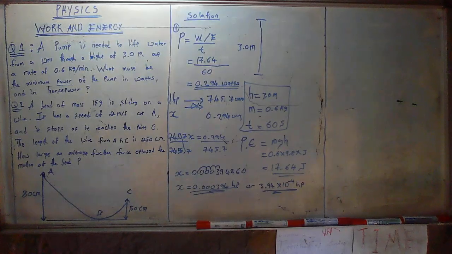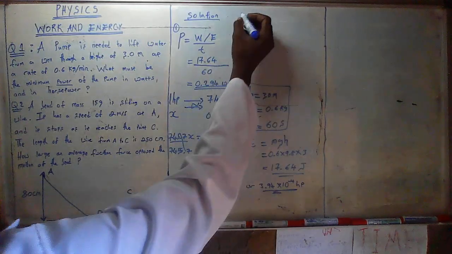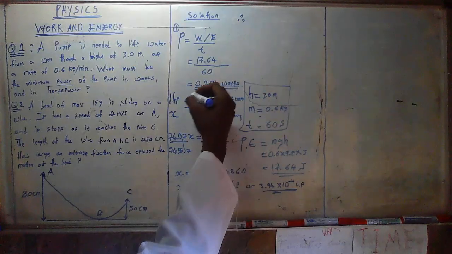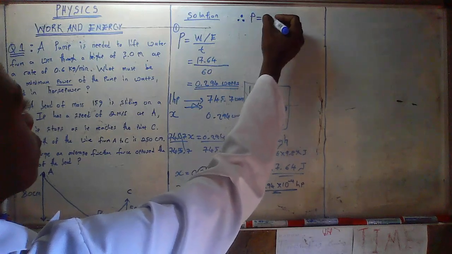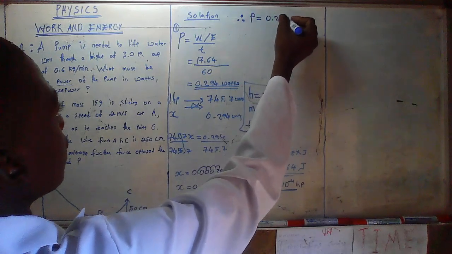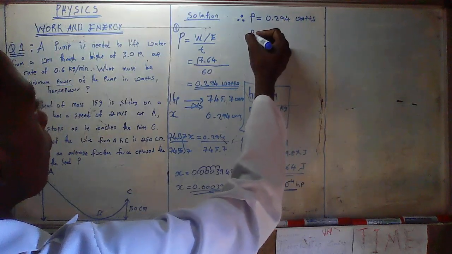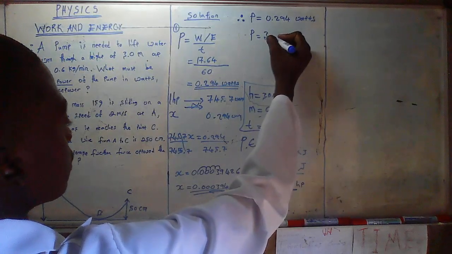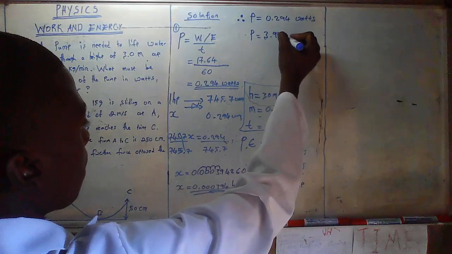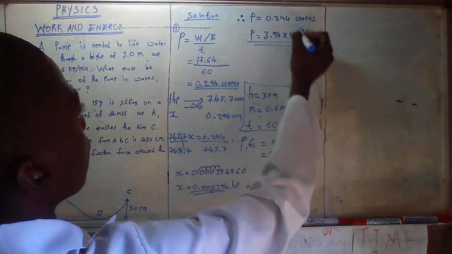Then we can say, therefore, power is equal to 0.294 watts, and we can use this one if we want, 3.94 times 10 to the power negative 4 horsepower.